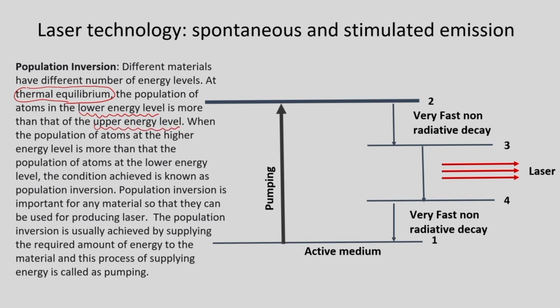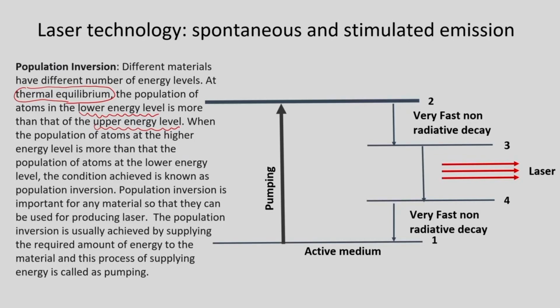But for laser action, we should have more electrons at the higher energy level. Naturally, more electrons are at the lower level, so we have to pump, we have to apply energy, so that the lower level electrons move to the upper energy level, and from there they get de-energized by releasing photons.